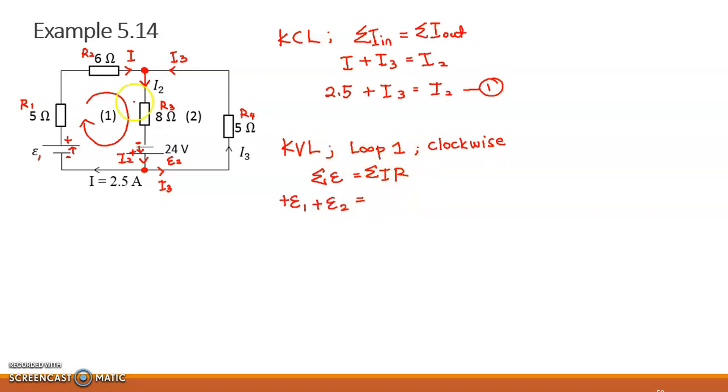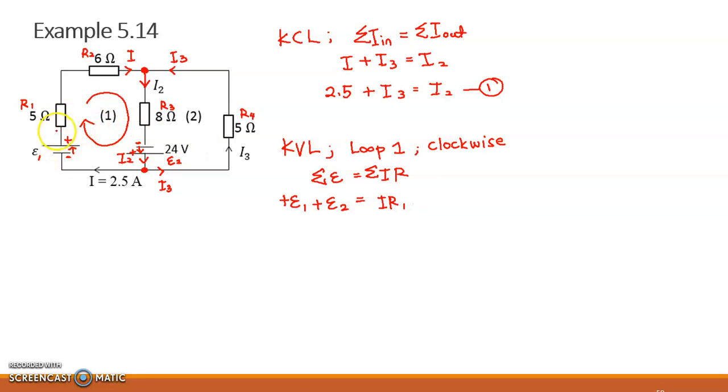For the resistors, there are 3 resistors in this loop, R1, R2 and R3. For the first resistor R1, the current that flows through R1 is I, this 2.5 ampere. So I write it as I R1 and let's check whether it's positive or negative.